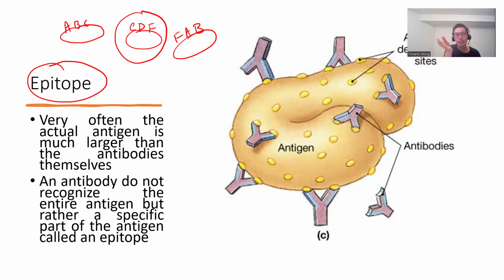Something that is very unique for this particular virus or bacteria. It needs to be very immunogenic, okay? So basically the epitope is the part on the antigen that is going to uniquely identify the organism.